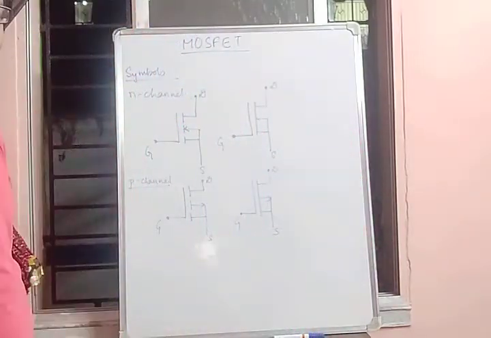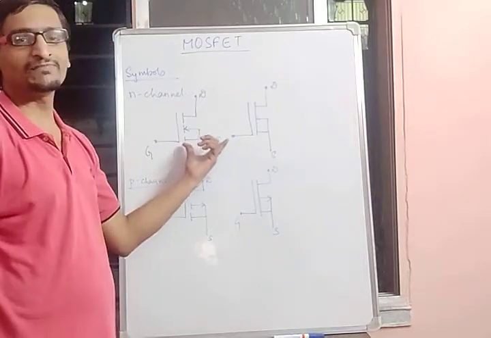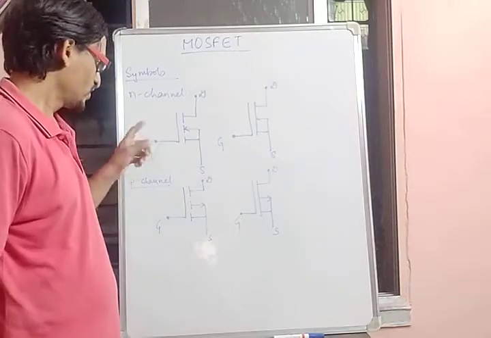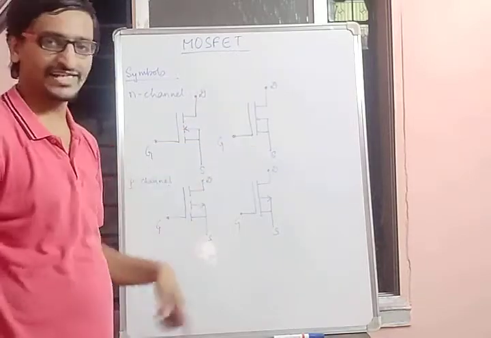These are the various symbols for your MOSFET. These two are the symbols for the N channel MOSFET, and these two are the symbols for the P channel MOSFET. There are three terminals: source, drain, and gate.